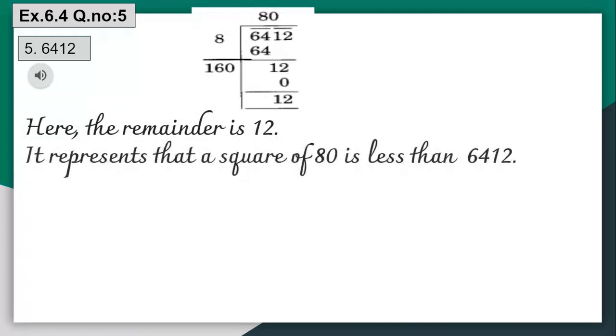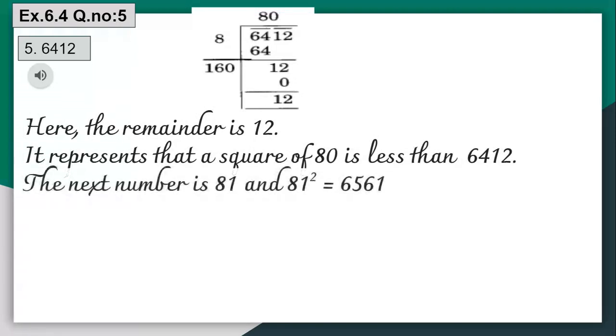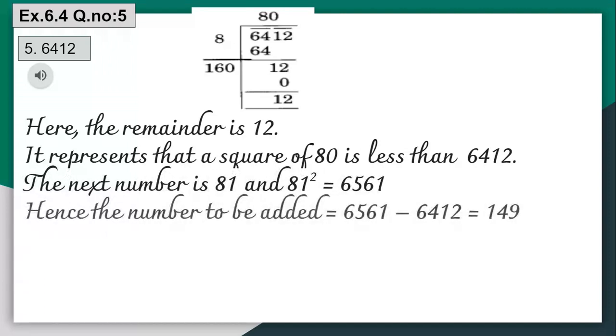It represents that a square of 80 is less than 6412. So the next number is 81. So the square of 81 is equal to 6561. So the number to be added is 6561 minus given number, that is 6412. So that is equal to 149.